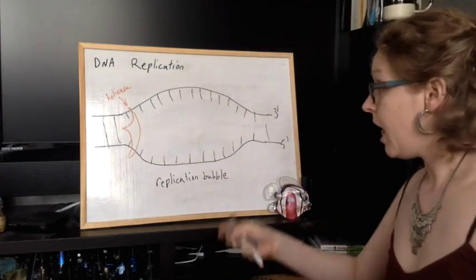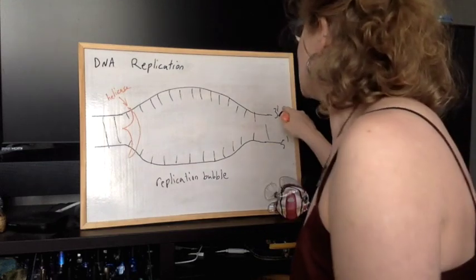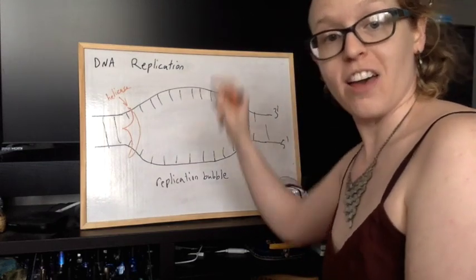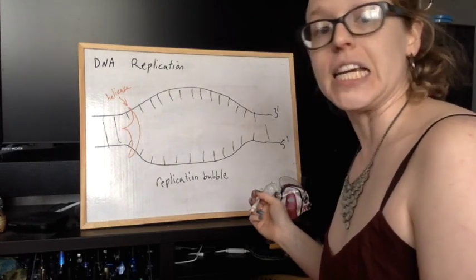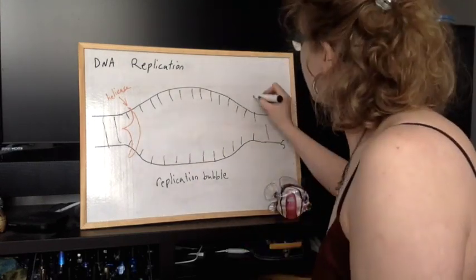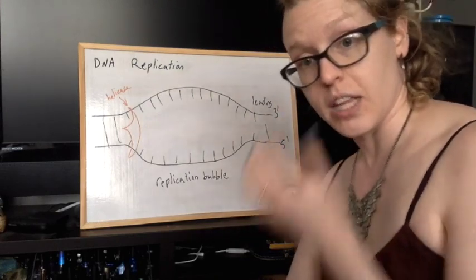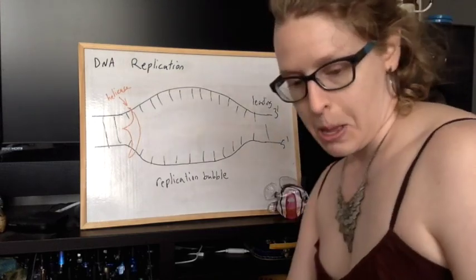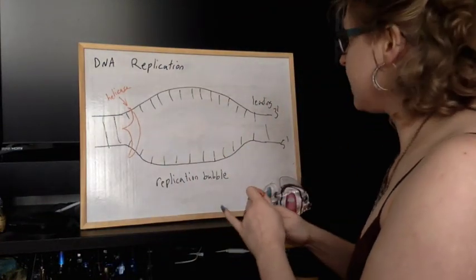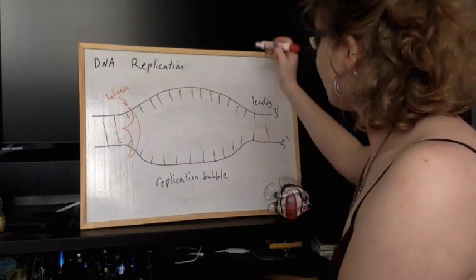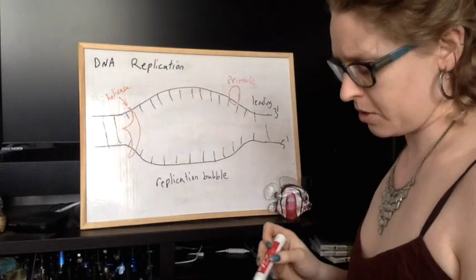Now, as helicase unzips, on this strand, the 3' to 5' strand, that's going to be our leading strand. And it's a leading strand because it is built way faster than the lagging strand. So I'm going to go through that first. The first thing that happens is that primase attaches. You can see that.